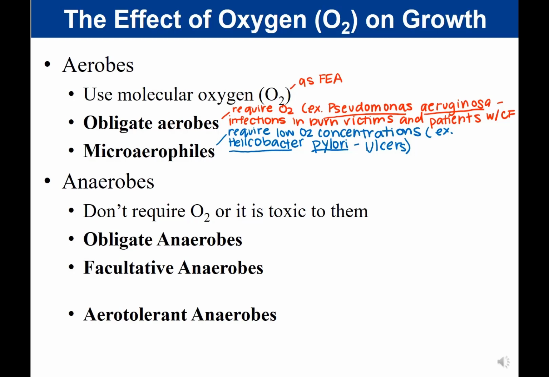And the advantage for the bacteria to produce ammonia is that the stomach is a very acidic environment. Most bacteria don't survive well at that acidic of a pH. So because Helicobacter pylori produces urease, it's able to produce ammonia, it's able to neutralize the stomach acid, and therefore grow in the lining of the stomach, and it erodes and damages the lining of the stomach, which then leads to ulcers.